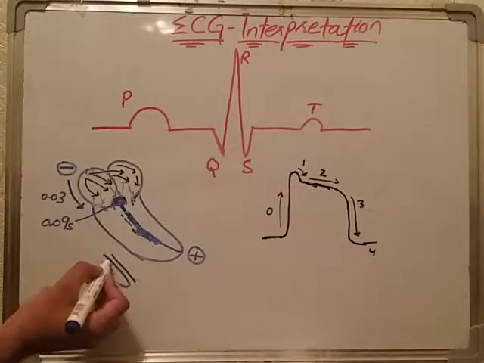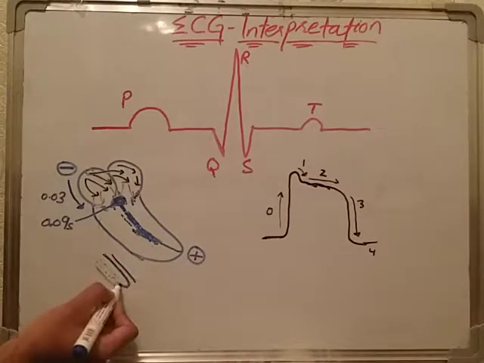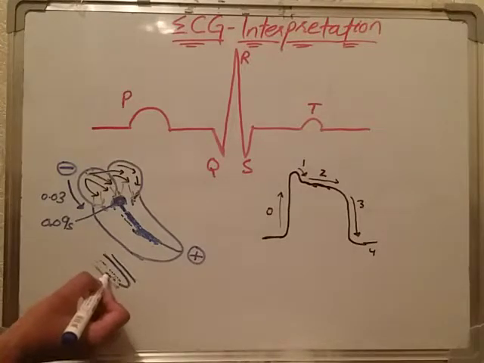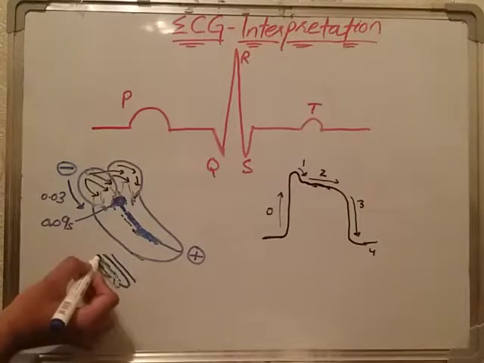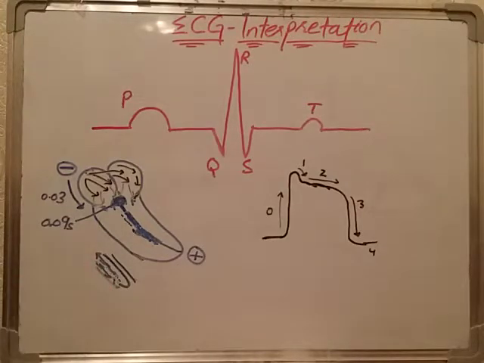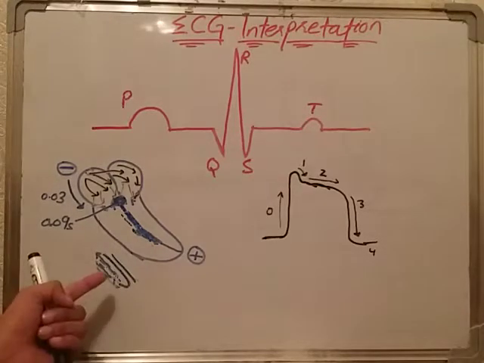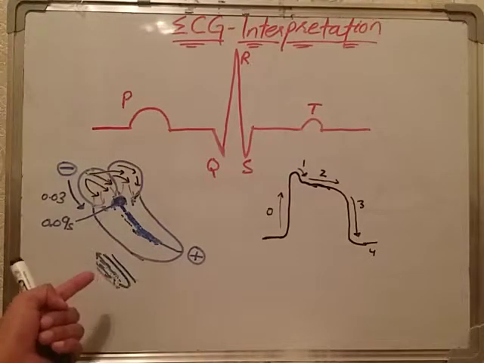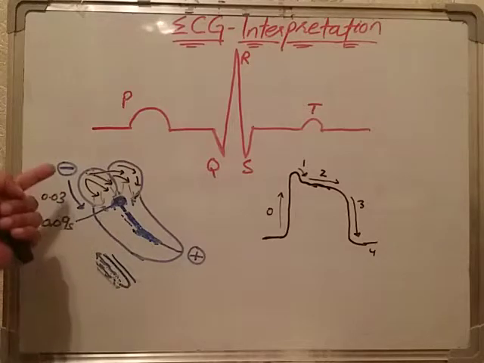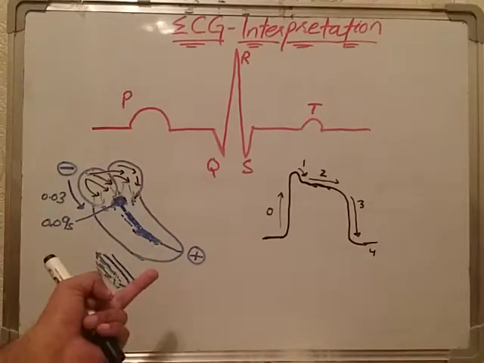The impulses go through the bundle and to the muscles, and this depolarization moves a little bit upward, depolarizing from down to up. So this shows that the depolarization is carried out toward the negative and away from the positive.